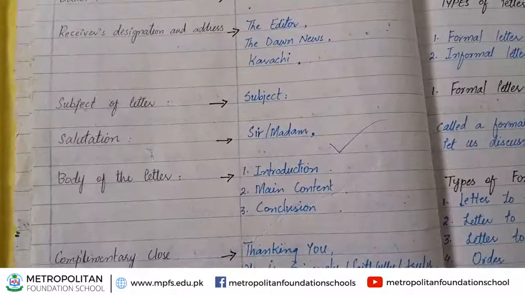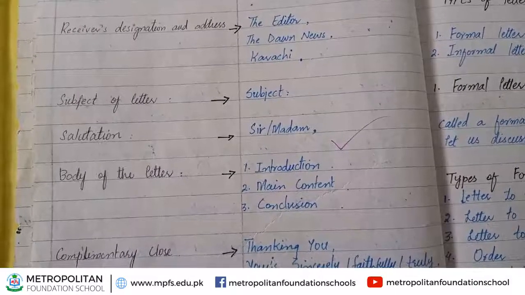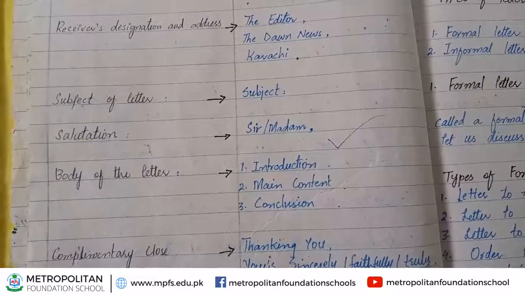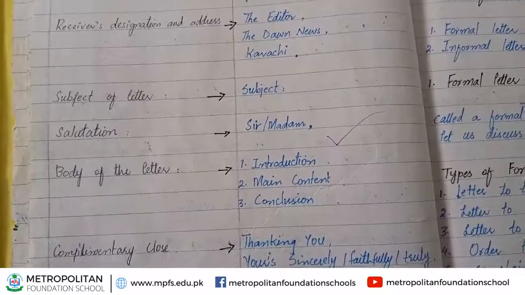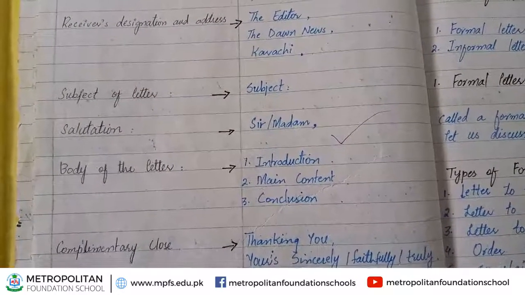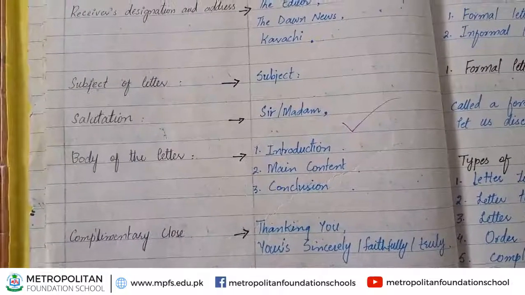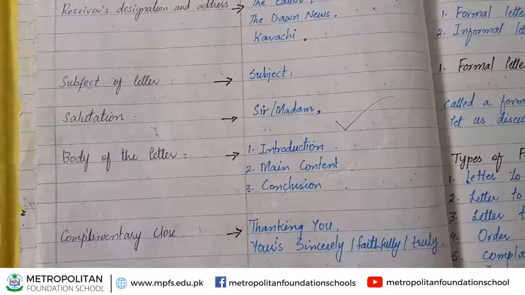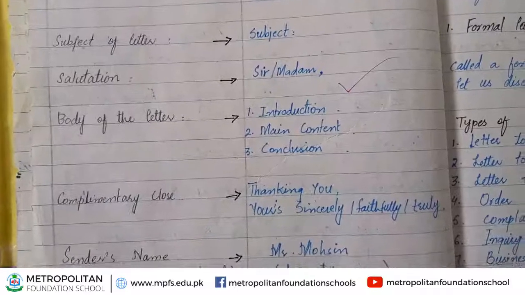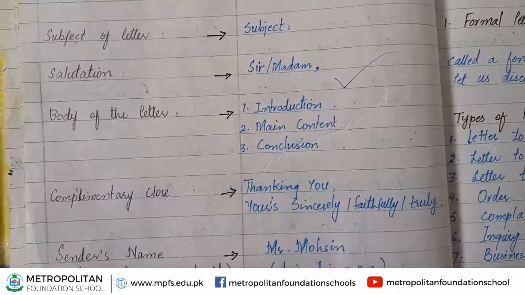Then we will write the body of the letter, and in the body of the letter, we will talk about the introduction, main content and conclusion. Then after completing the body of the letter, we will come to the complementary clause.